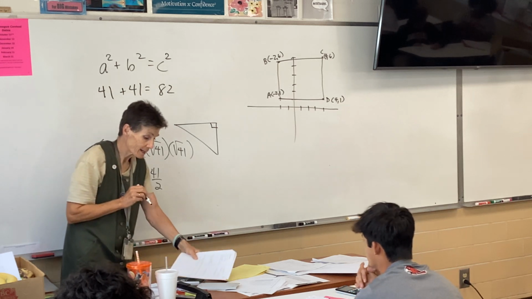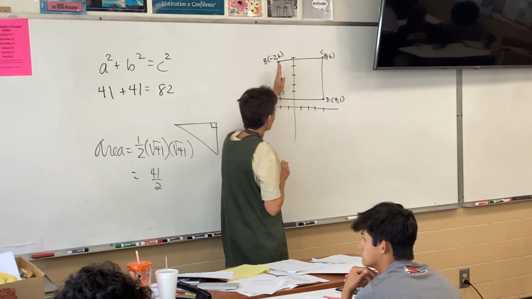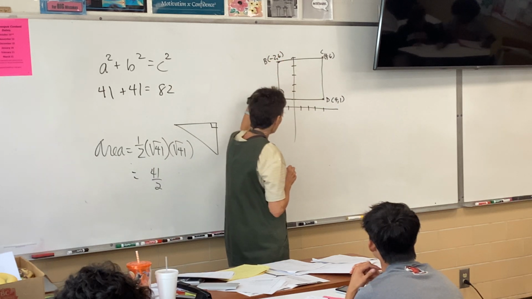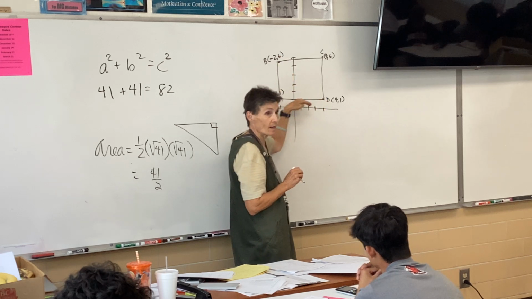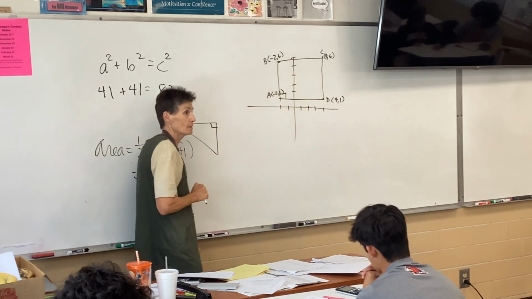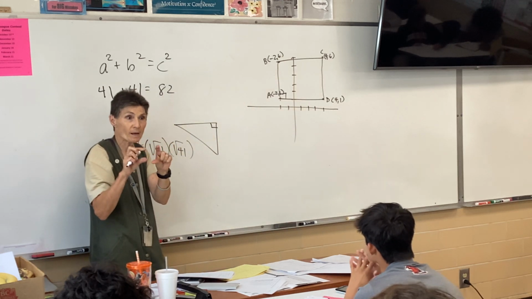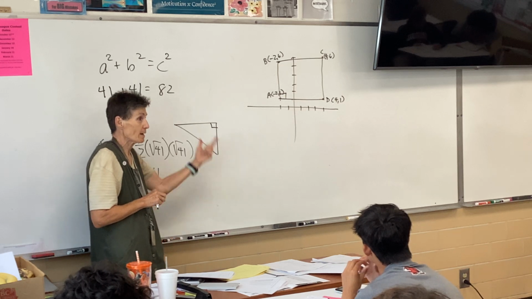As you were plotting these, did you notice that these were in a straight line and these were in a vertical line and these were a horizontal line? So would you agree there's going to be a right angle there just because of what the ordered pairs were? So we got a rectangle up here?